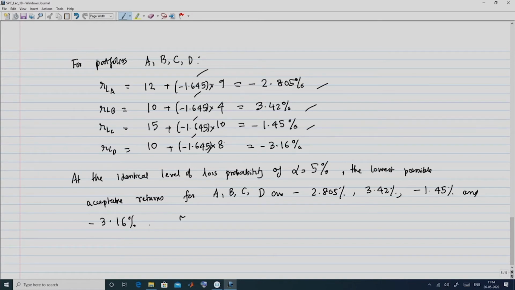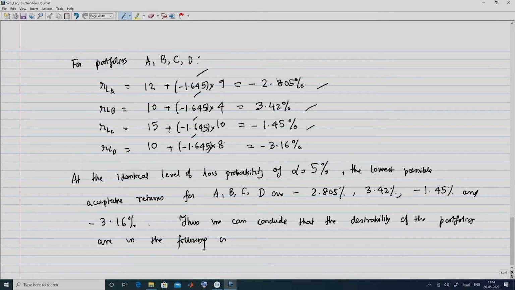So thus we can conclude that the desirability of the portfolios is in the following order. First I will have B because this is the highest value. Then next I will have C, which is minus 1.45%.